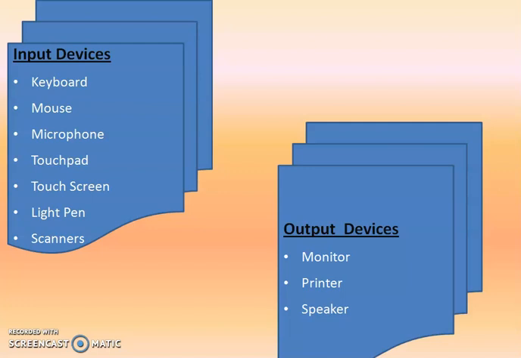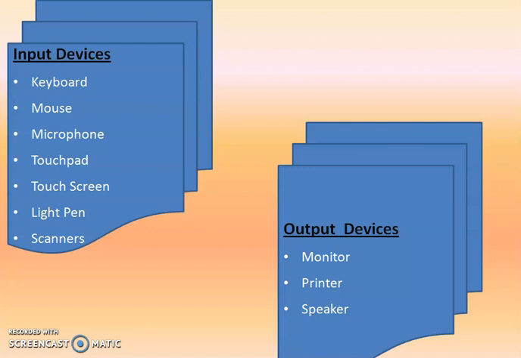Then we have seen printers, and they were also of three types: inkjet printer, laser printer and dot matrix printer. Then afterward we have seen speaker as an output device.